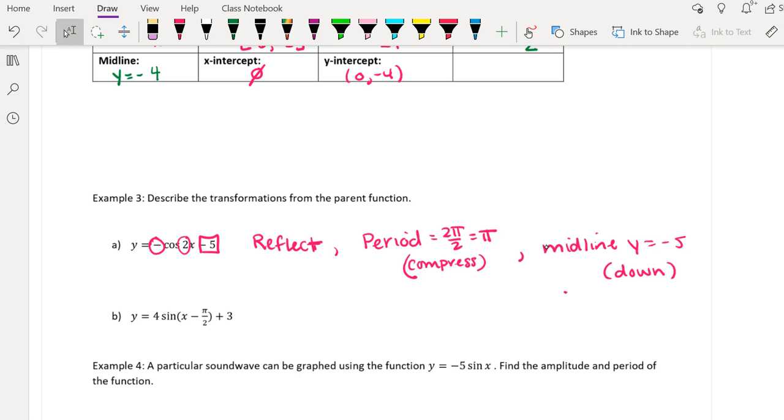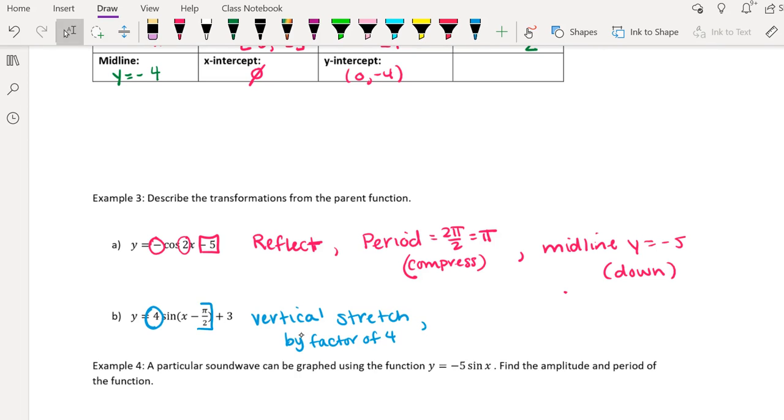Okay, for letter B, the 4 tells me that I have a vertical stretch by a factor of 4. So that's my amplitude.